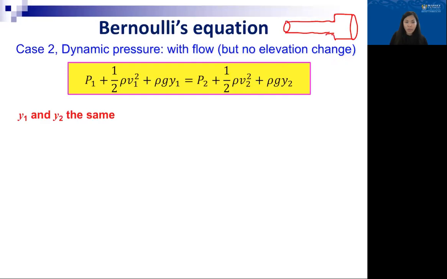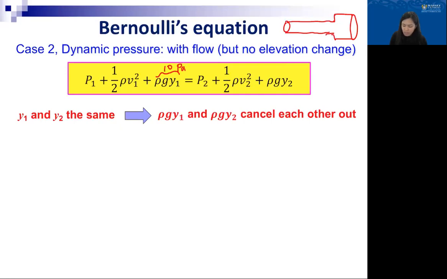So Y1 and Y2 are the same because there's no elevation change. And when Y1 and Y2 are the same, rho g Y1 and rho g Y2 can cancel each other out. Because rho and g, density and gravity, are just constant numbers. So say, for example, this is 10 pascals.